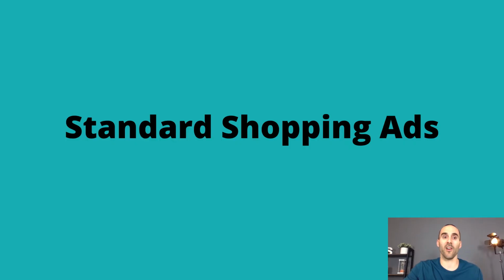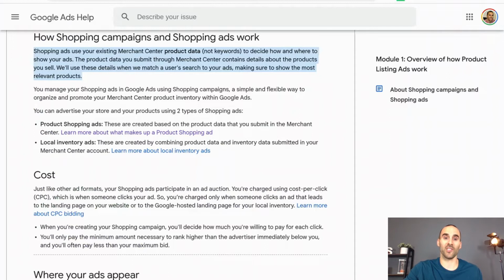I want to start things off by talking about standard shopping campaigns. As I mentioned before, Google announced product listing ads in 2009, and the first version, if you will, of these campaigns were called standard shopping campaigns. Shopping ads use your existing Merchant Center product data, not keywords, to decide how and where to show your ads.